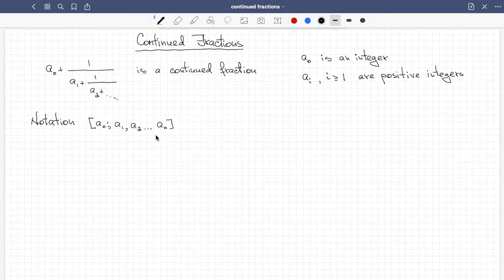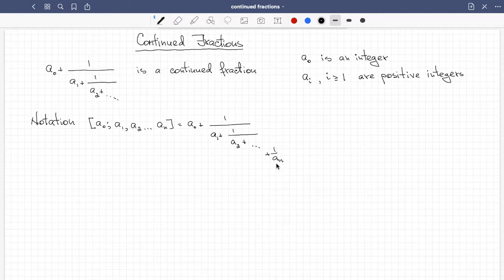We write this for a finite continued fraction expression, which means a0 plus 1 over a1 plus 1 over a2 plus and so forth until the last one, plus 1 over an, and it stops.